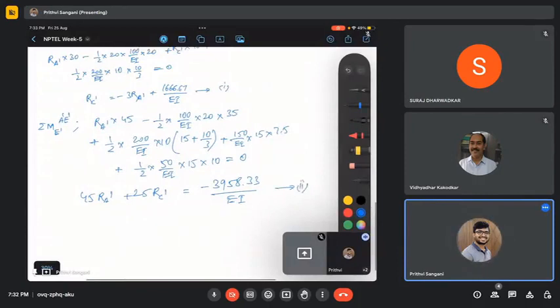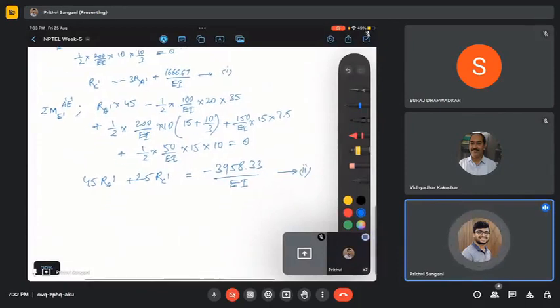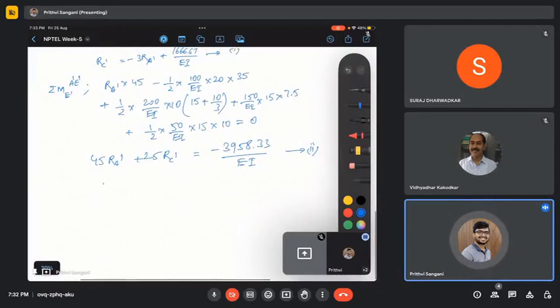Now you can just solve these equations and you can find out what is RA dash. So RA dash will be 1520.83 by EI. So this is RA dash. What is RA dash?